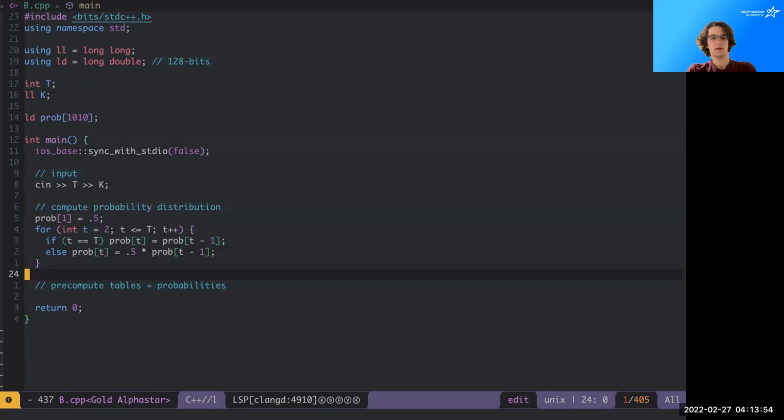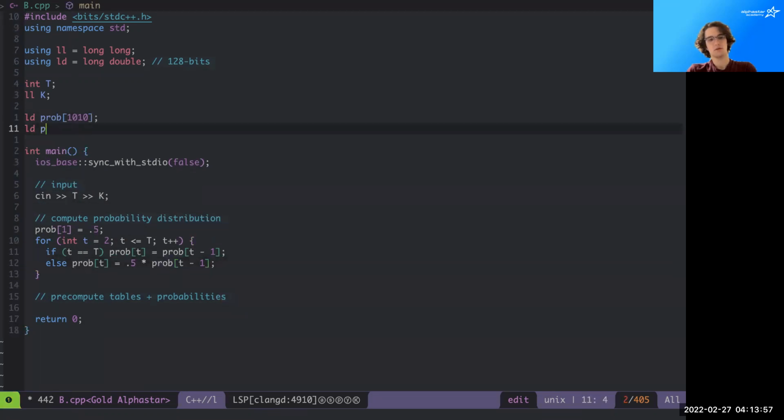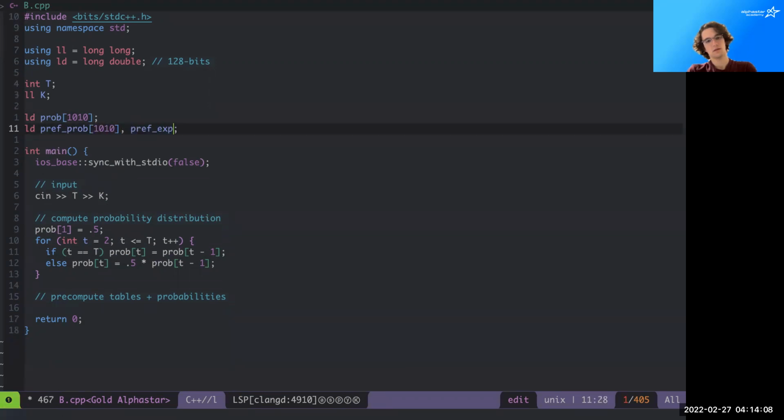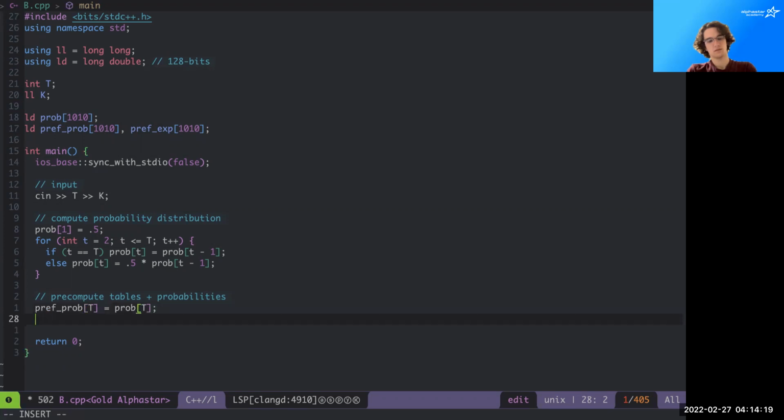Yeah. And now we can pre-compute prefix probability. And then the expected value, t times probability.